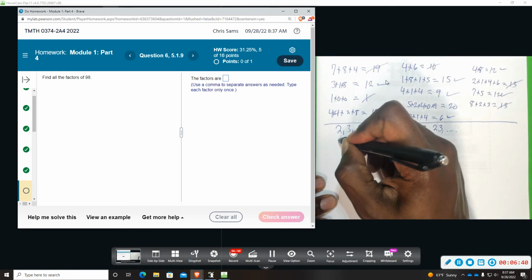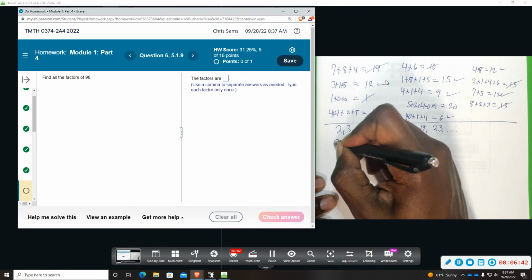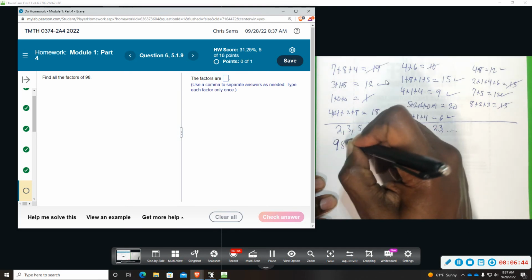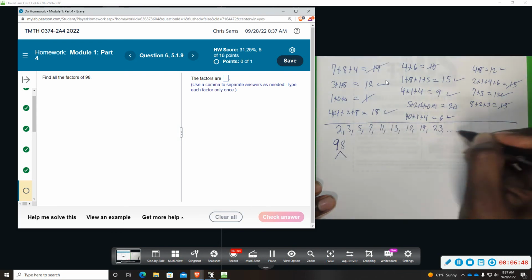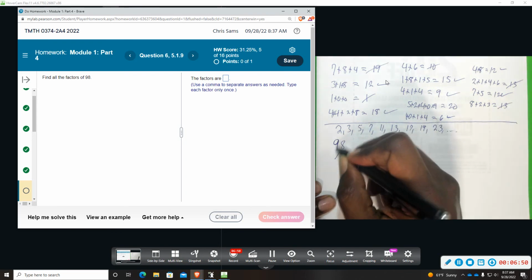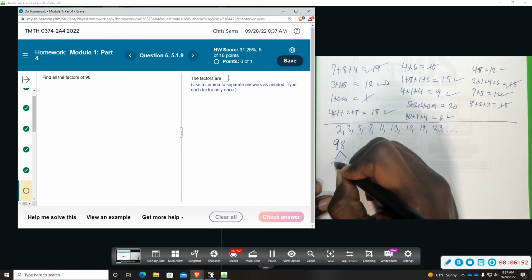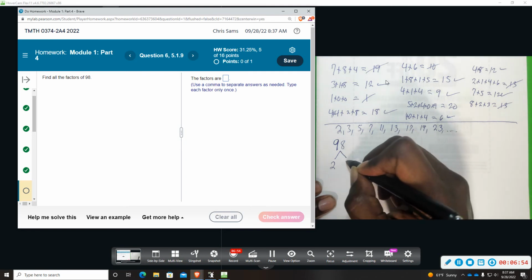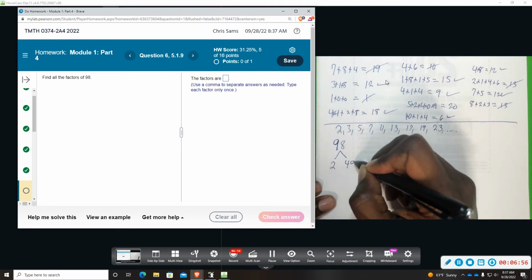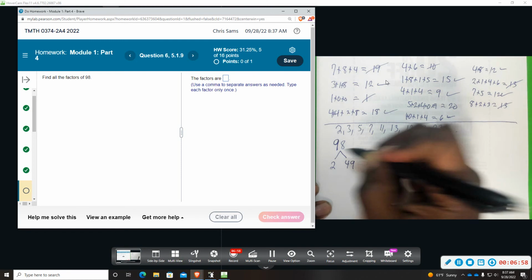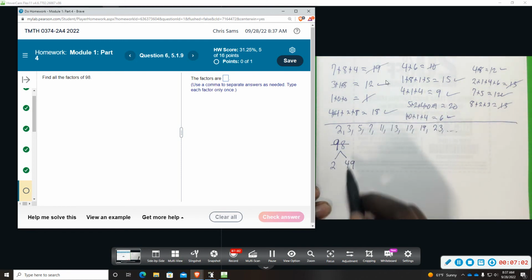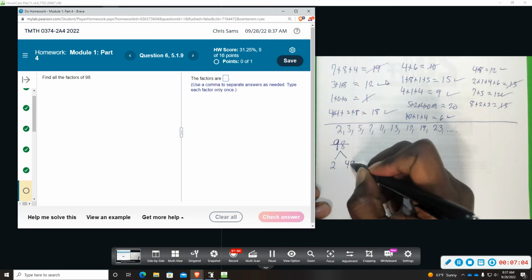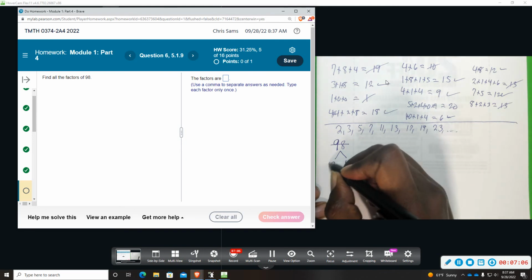In order to list all the factors, this is the method that I use. We're going to take 98, and we're going to break it down into prime factors. Since this is even, I can divide it by 2, and 2 times 49 will give me 98. So now I'm looking at 2 times 49. 2 is prime, so I'm going to leave it.